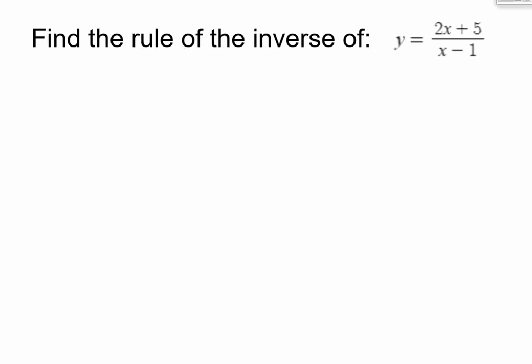So if you had to find the inverse of this, what would you do? Okay, so first you switch your x and y. You should be good with that one. That's easy. So you should have x is equal to 2y plus 5 over y minus 1. So this so far is good.